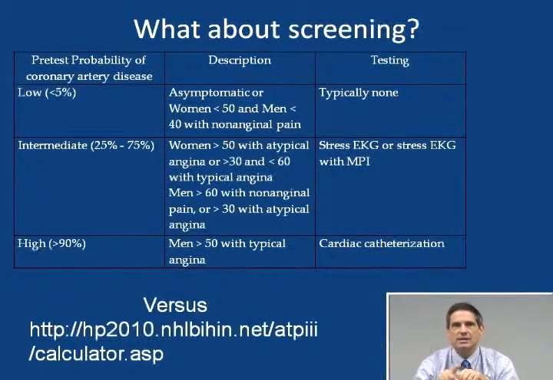One is the risk that the patient who has chest pain has significant coronary artery stenosis. That's what I've just been talking about. The other risk is that the patient is going to have a cardiac event, typically defined as either death, infarction, or surgical or percutaneous intervention in some specified time period. So that's what's going on in the future.